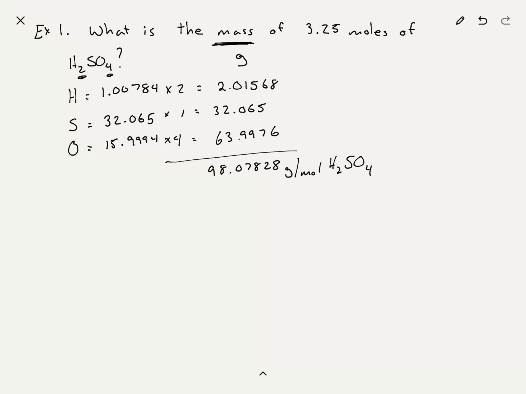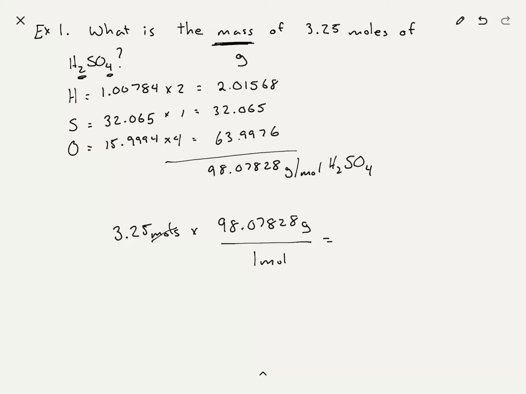So now that we know what our molar mass of H2SO4 is, we can do the calculation and take our 3.25 moles and multiply by 98.07828 grams for every 1 mole.